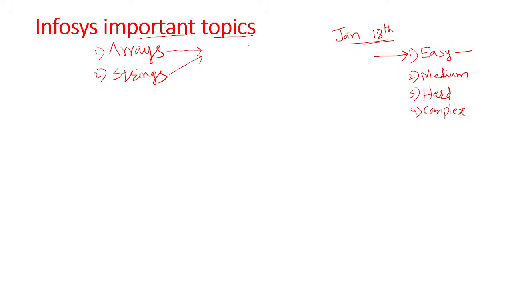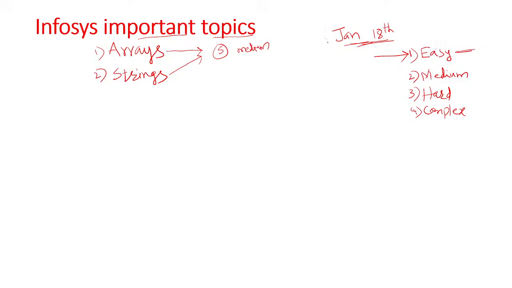Based on the language in which you are going to write the examination on January 18th, refresh those concepts once again and work out at least five problems on arrays, from medium to hard level, so that it becomes easy for you to complete the easy level question tomorrow.